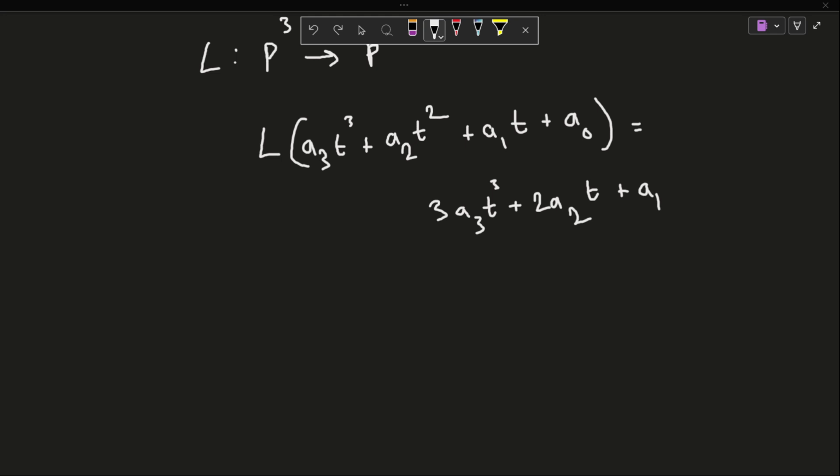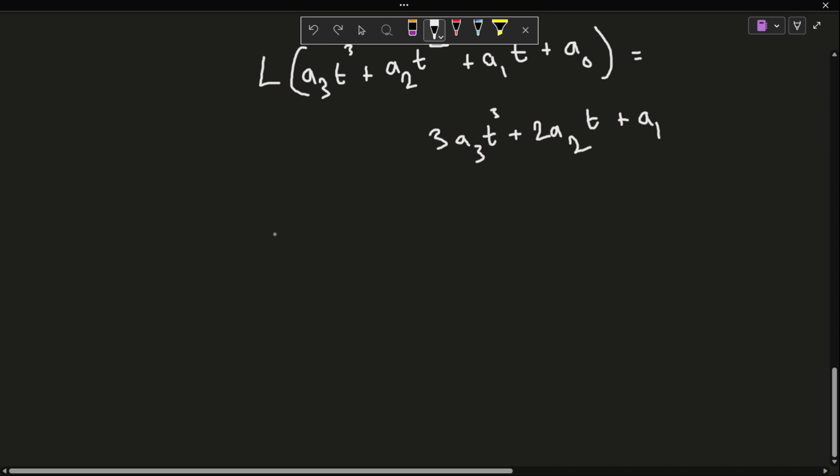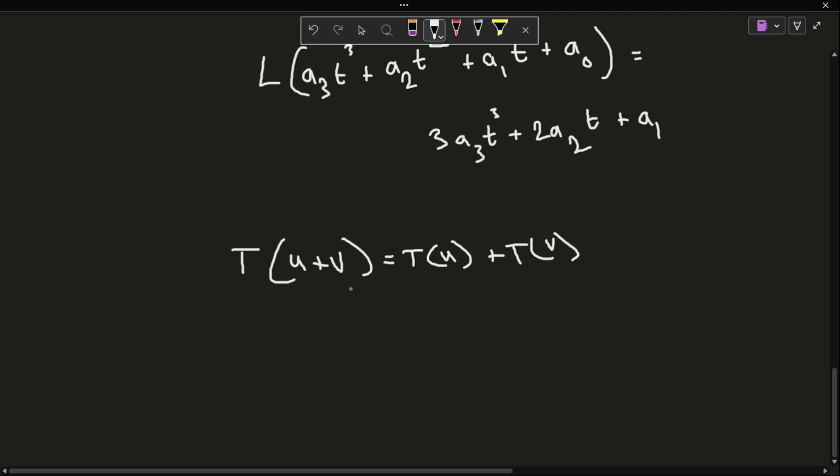The way we can break this apart is we can say, let's take a transformation T, for example. T of u plus v is going to equal T of u plus T of v. Okay, and then also T of alpha u is just going to equal alpha T of u.